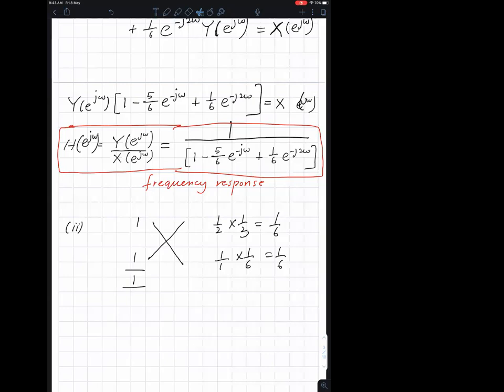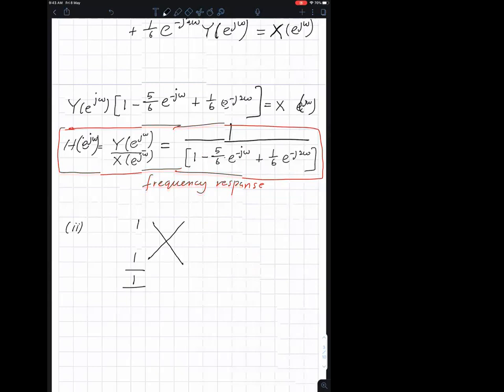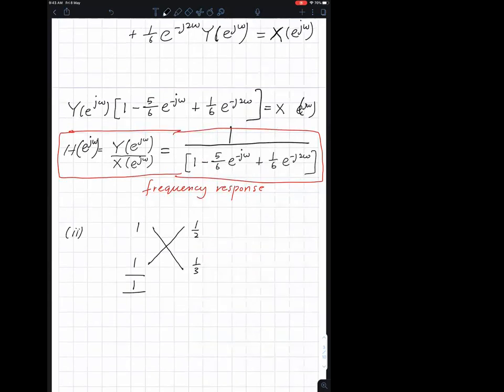Before we can choose which one, we have to think about this one also. We have to choose this combination in such a way that we should be able to get this also. So I'm going to choose 1 over 2 multiplied by 1 over 3, which gives me 1 over 6.